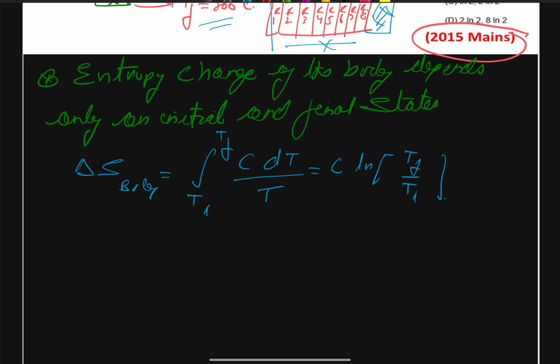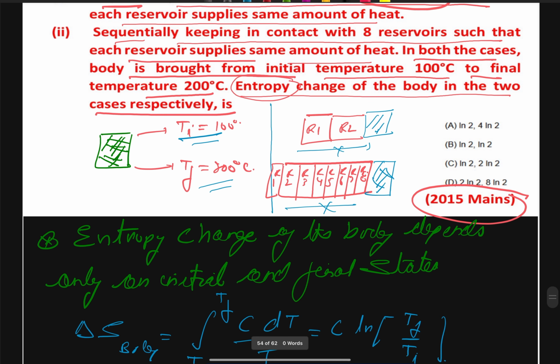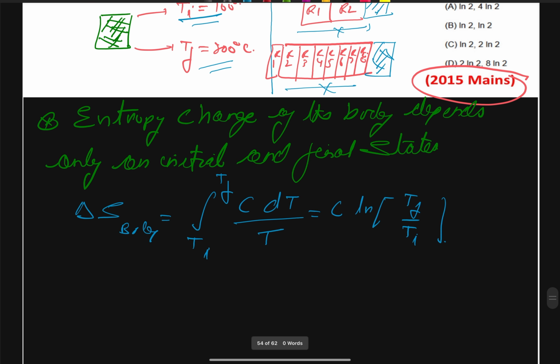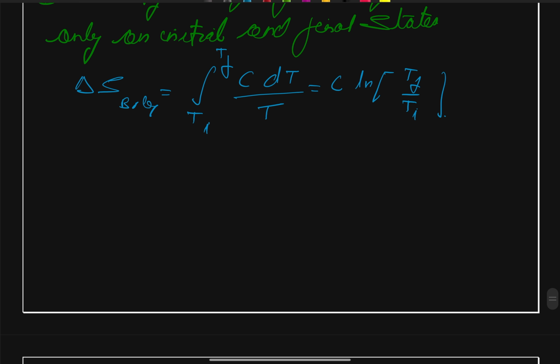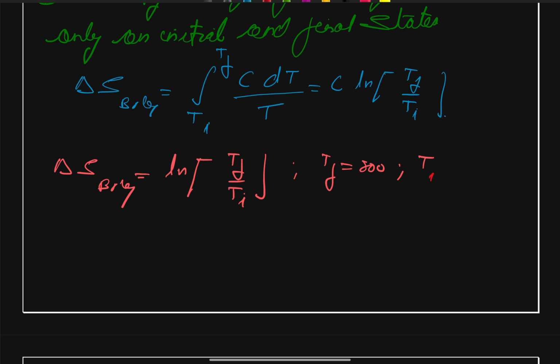C is given to us as 1. Therefore, delta S body will be equal to natural log of Tf upon Ti.